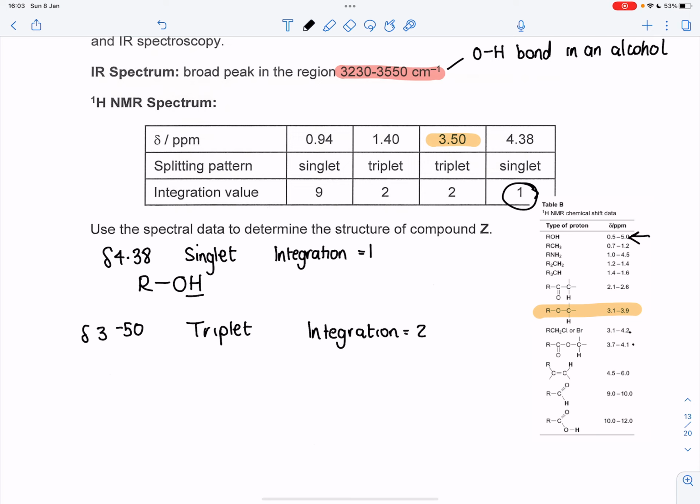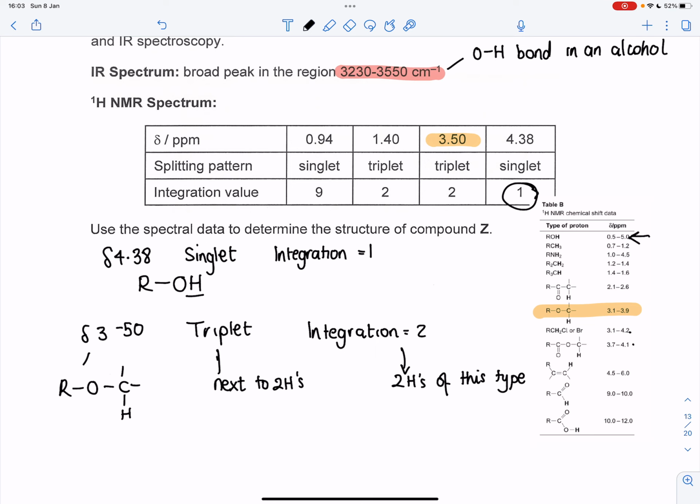So what does all this information tell us? Well, the 3.5, given that we know we've got an O in our structure, is likely to be this. The triplet, remember, that's about how many are next door using the n+1 rule, so next to 2 H's. And the integration will be 2 H's of this type. Okay, so probably a CH2.